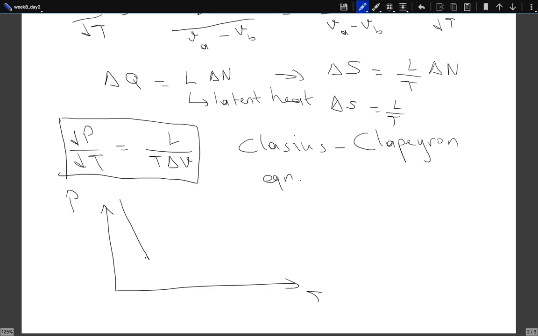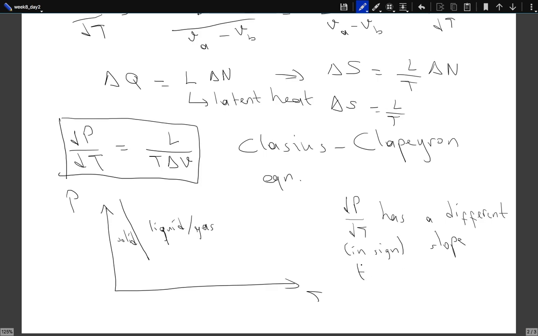has a different slope than the coexistence curve, so this is solid, liquid, or gas, whichever one you like, for other materials. For water it has a different slope, different meaning in sign, than other materials.